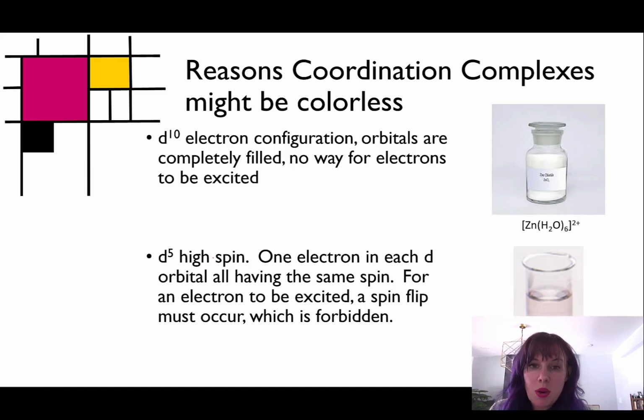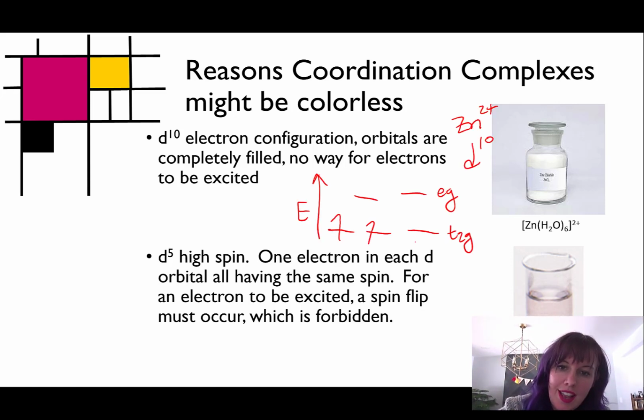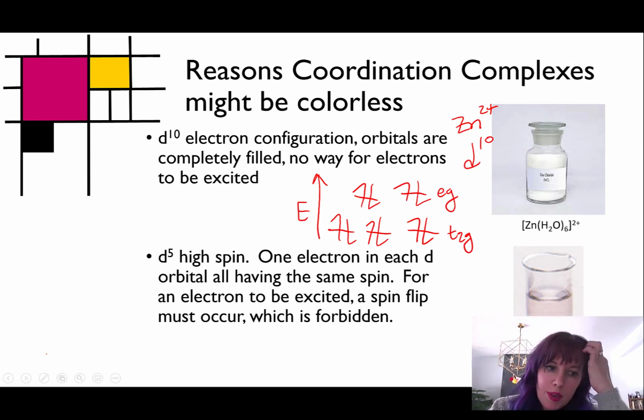We also will have situations where our transition metal complexes will be colorless. And there's a few reasons for this. The first is a D10 electron configuration. So zinc 2+, for example, has a D10 electron configuration. All of these orbitals are completely filled.